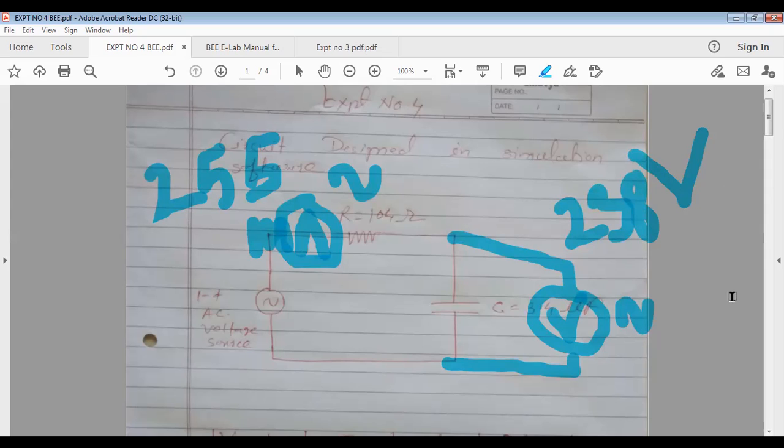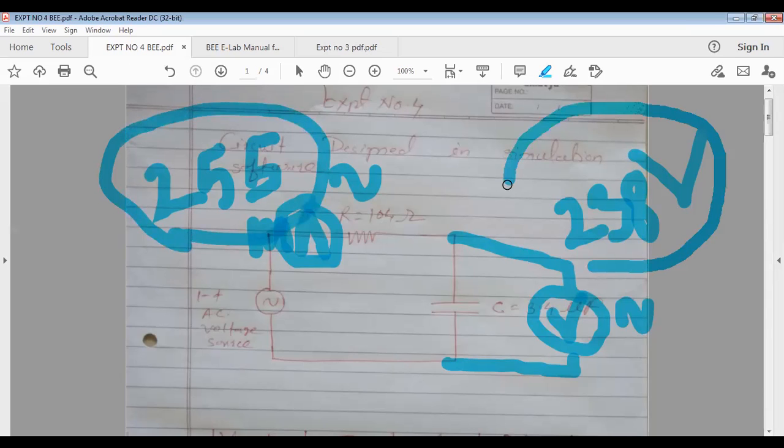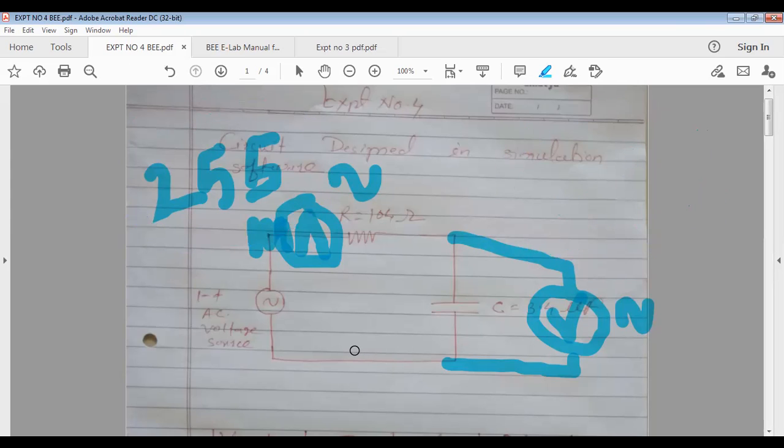Root mean square value. They display the RMS value, that is the root mean square value. So whatever ammeters and voltmeters you connect in an AC circuit, suppose the milliammeter is displaying 255 milliampere, that is the RMS value of the current. Suppose this voltmeter is displaying 238 volt across the capacitor, it is the RMS value. Okay, root mean square value.